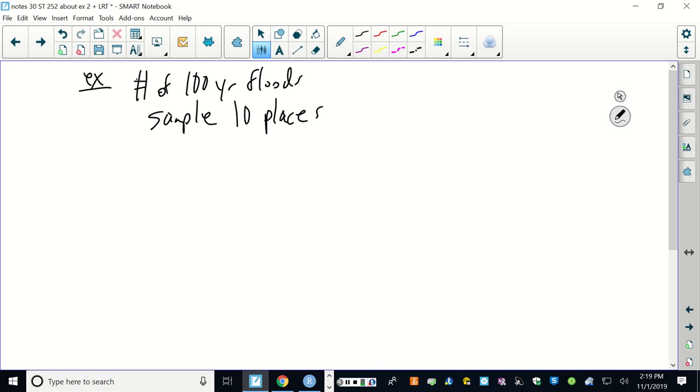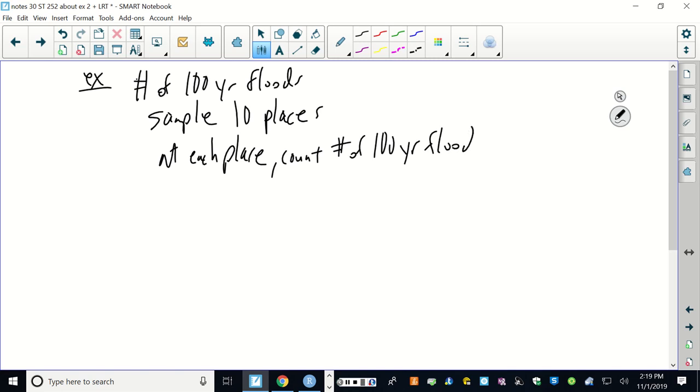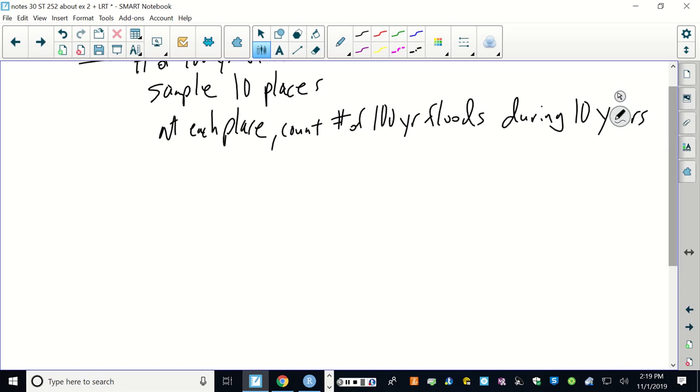And we count, at each place, the number of 100-year floods during 10 years. Each xi could be modeled as a Poisson random variable with some rate.